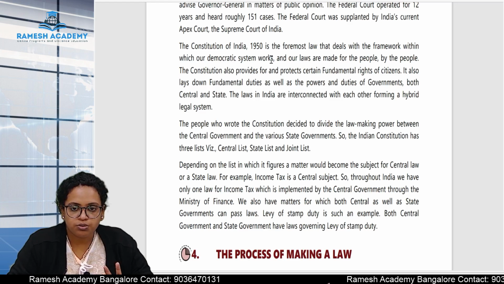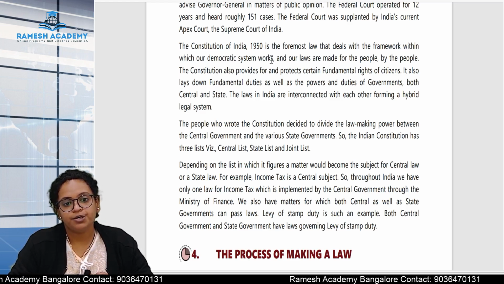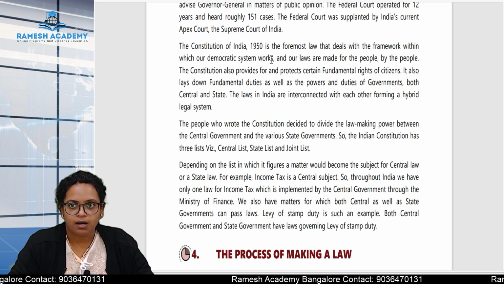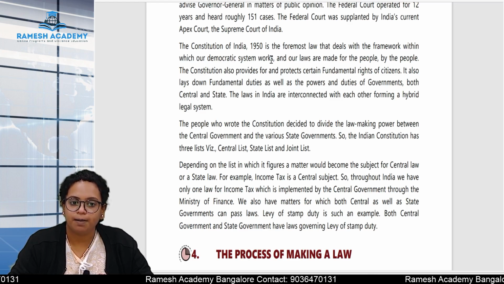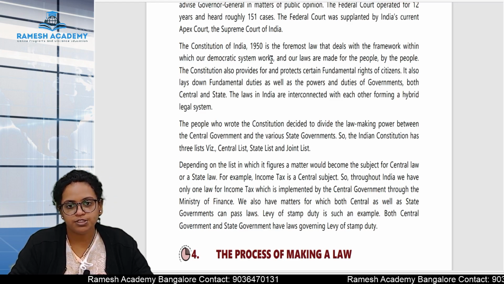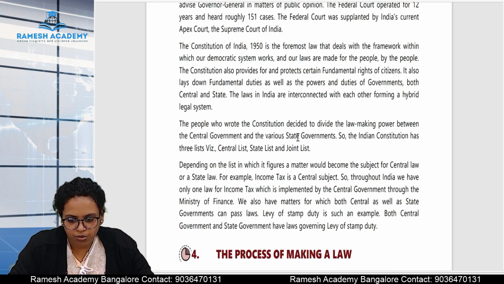All sources of law come from the constitution. Just like the memorandum and articles of association of a company, beyond which a company cannot act, so is our constitution for our country.